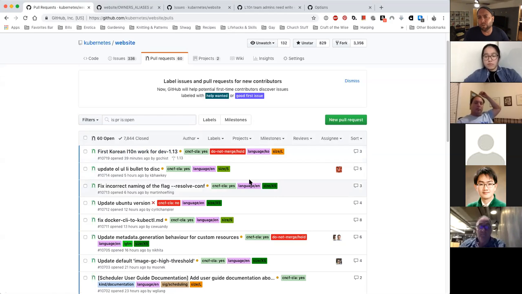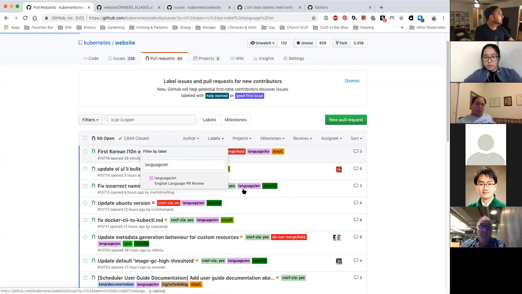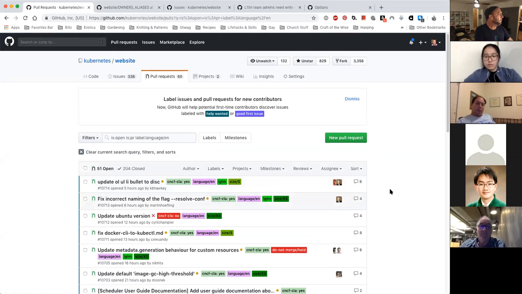And Steve, if you remember a year ago, our initial rationale for farming out localizations to other repositories was because we didn't want to be inundated by the flow of PRs that we couldn't meaningfully review. So the nice thing now is that reviewers can filter by the language label and one and done.